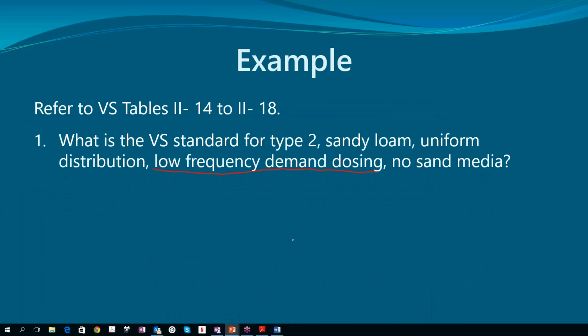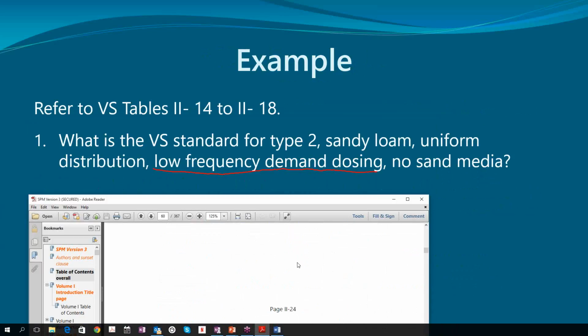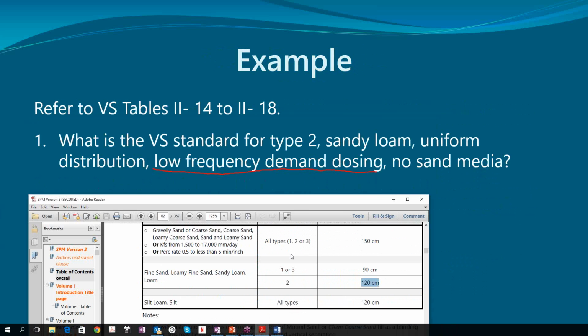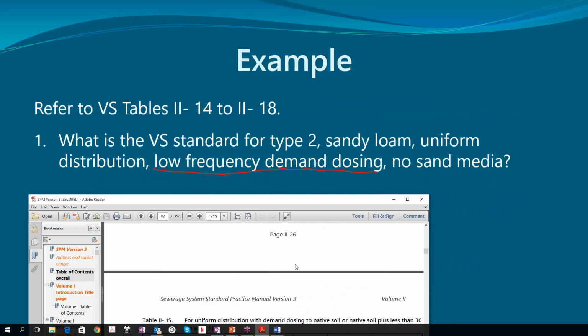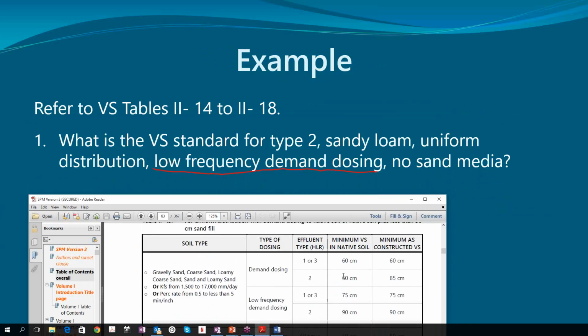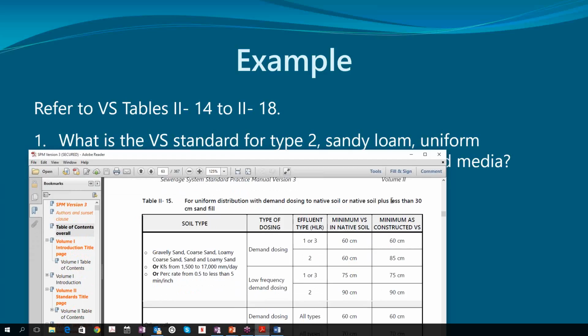A sandy loam uniform distribution. So we have defined the uniform distribution table. Uniform distribution, conventional pressure typically. And the rest of the question says, uniform distribution, demand dosing, low frequency demand dosing, no sand media.